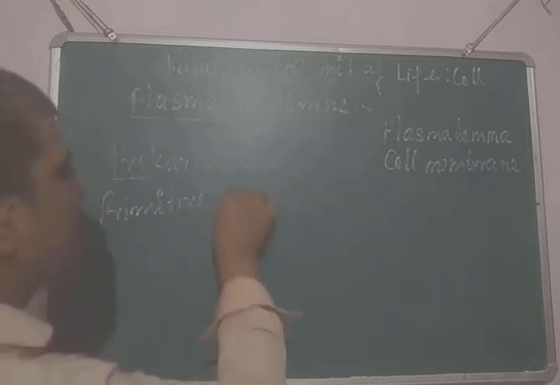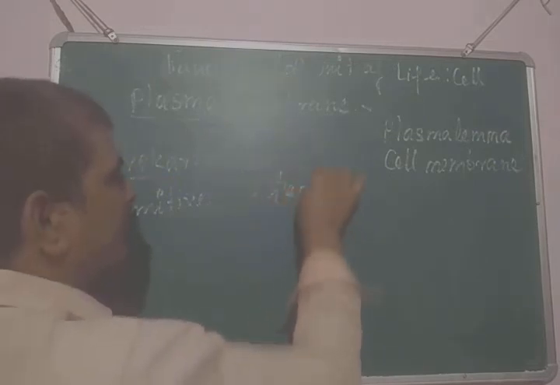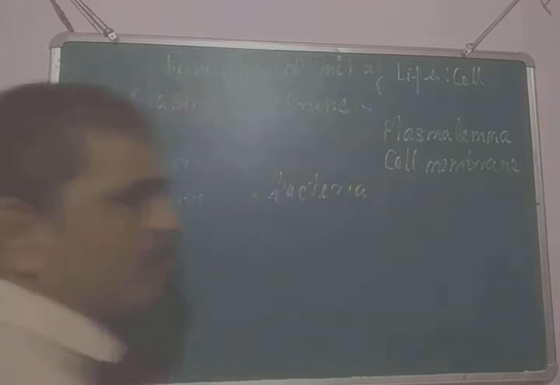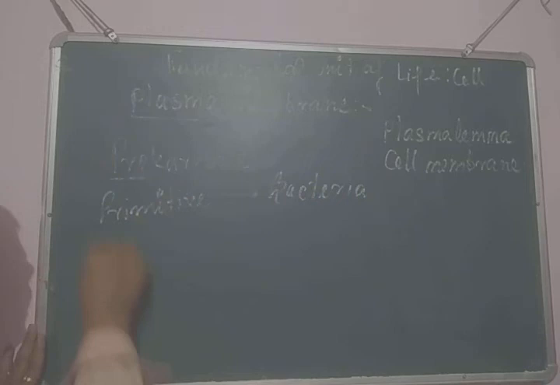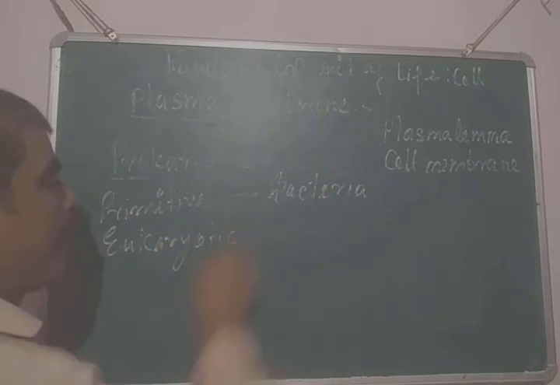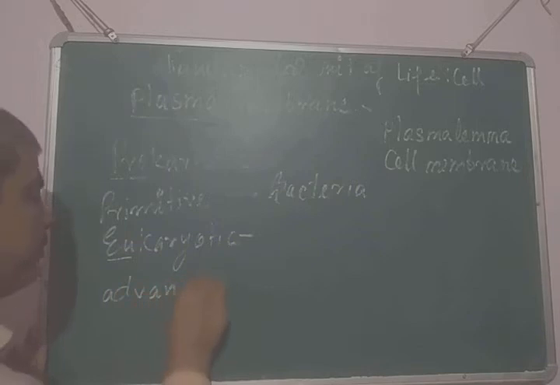You can take the example of bacteria as a prokaryote, which has the primitive type of nucleus, and the eukaryotic cell that has the advanced nucleus.